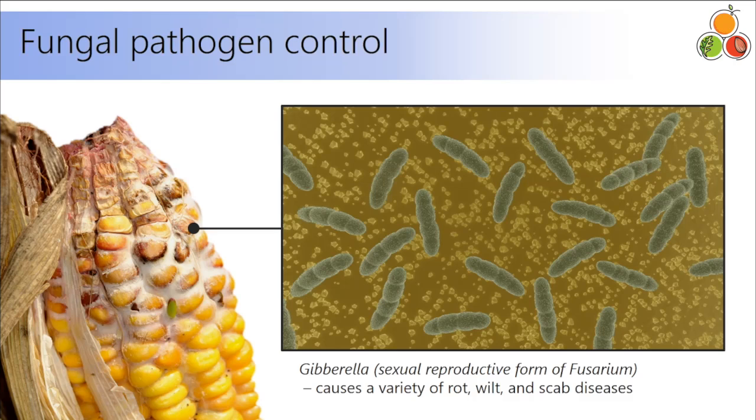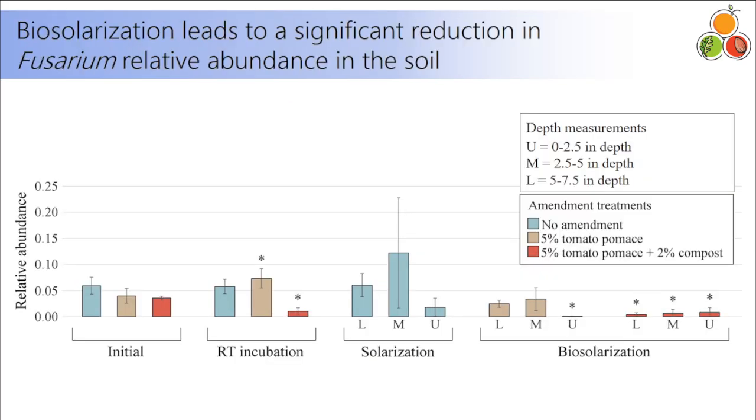So we looked to see how fusarium levels were changing in the soil using DNA sequencing and bioinformatics approaches. What we have here are some plots that show the initial relative abundance of fusarium in our different amendment treatments, and then looking to see how those levels change under a room temperature incubation.